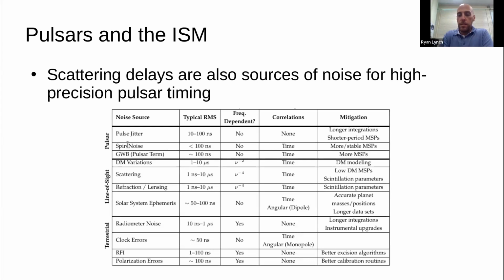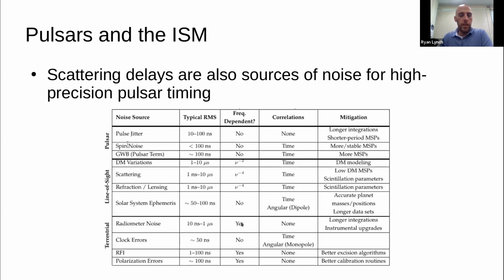Now, the scattering is both a source of science, but can also be something of a nuisance term, particularly for very high precision pulsar timing. So what I'm showing here is a breakdown of a noise budget for the NANOGrav pulsar timing array experiment, where you have different sources of timing noise and the approximate magnitudes and what they depend on, how they correlate.